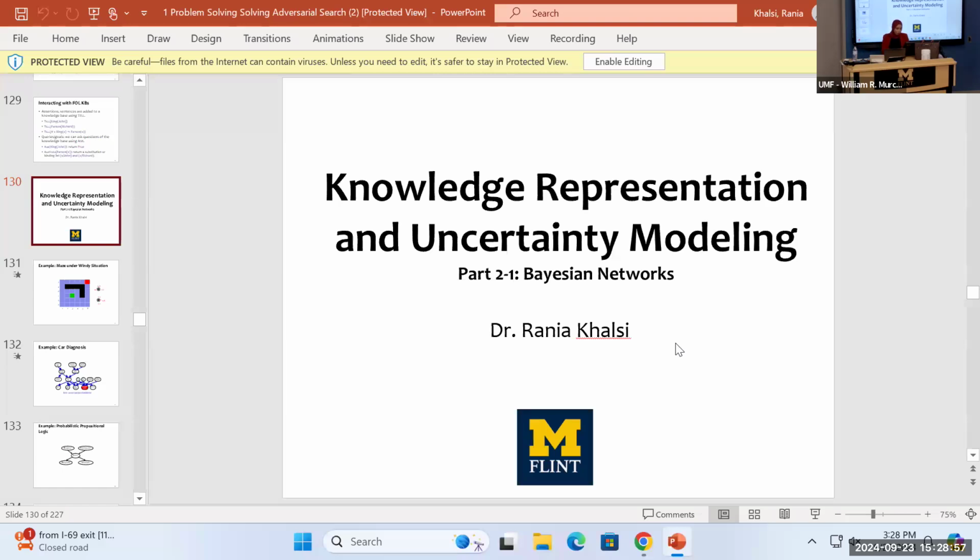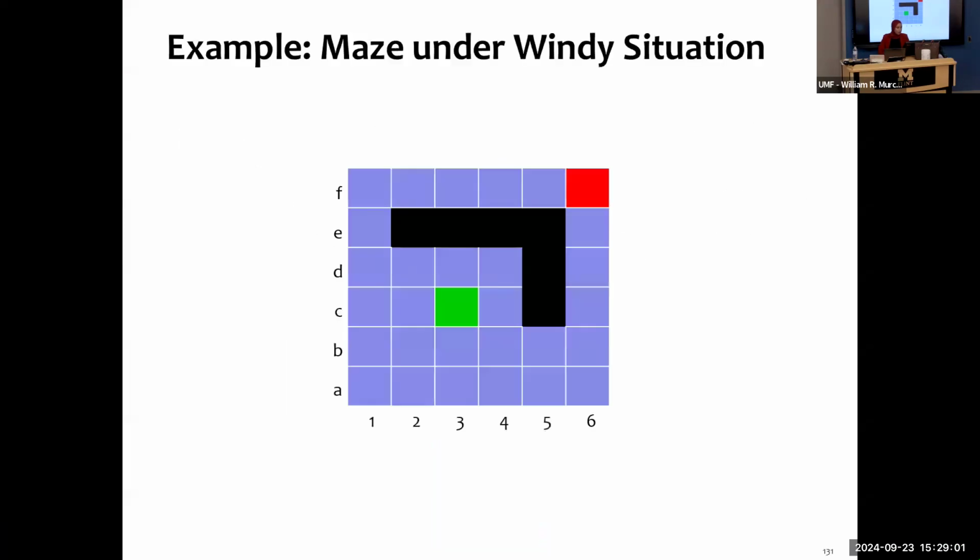We were talking about probabilities, but let's come back to this example of the maze. Our main goal was that our agent was at this starting point, the green point, the initial state we call it. From this initial state, and given this maze where the black walls he cannot cross, we have our goal test.